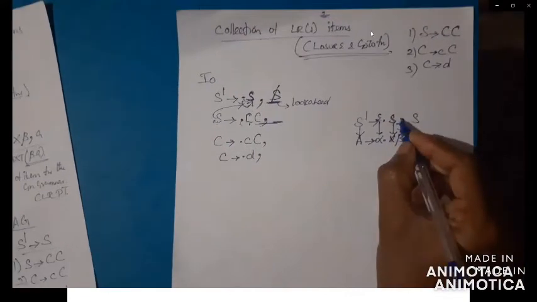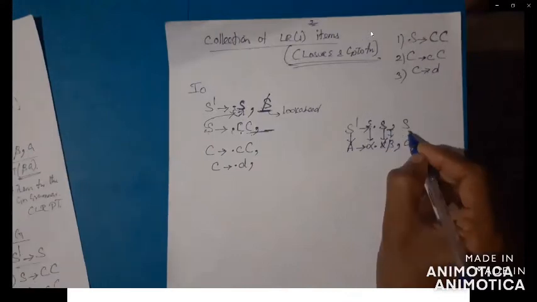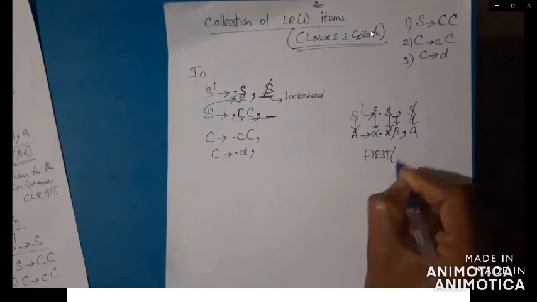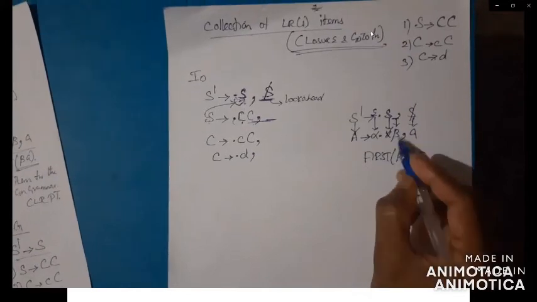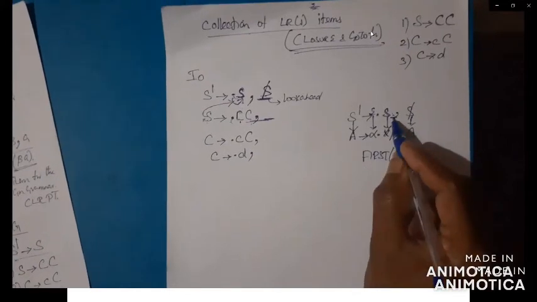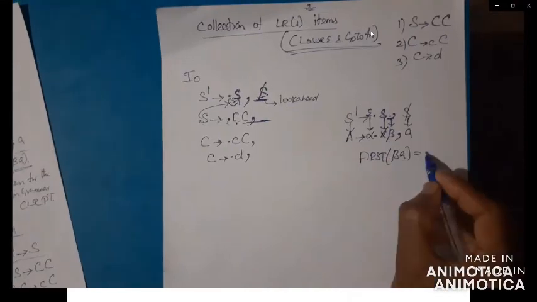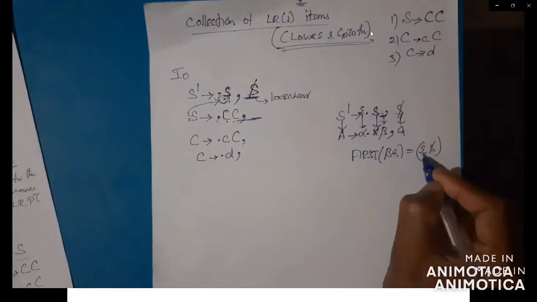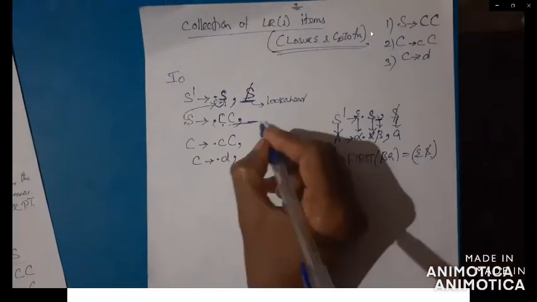Here the dollar indicates A. So what is first of beta A here? The beta value for this production is empty. What is A here? A here is dollar. So empty dollar means automatically the value will be the dollar symbol.